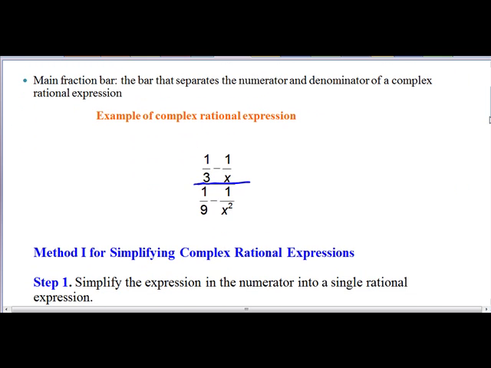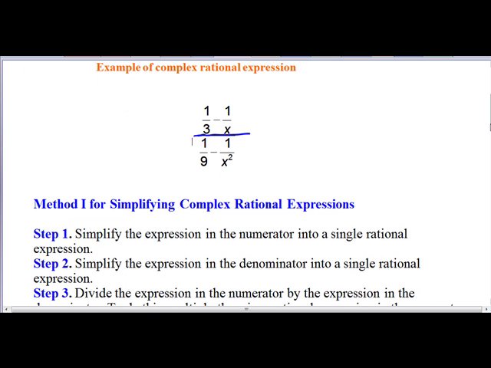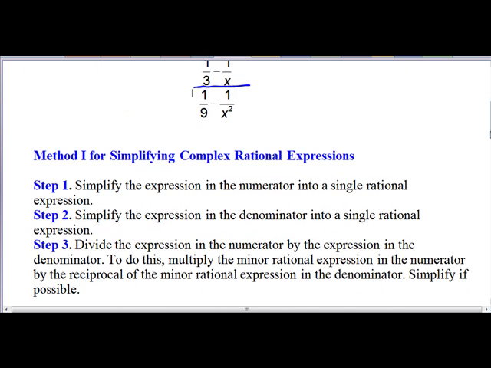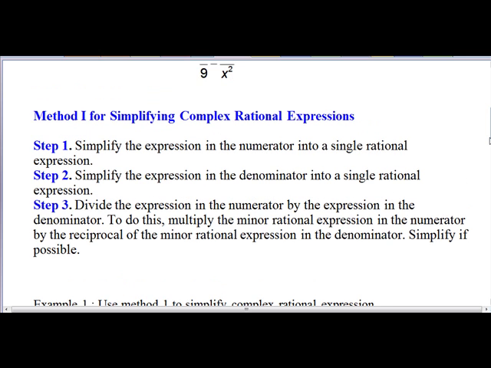There are two methods to simplify a complex rational expression. Let's look at the first one. We follow these 3 steps. Step 1, simplify the expression in the numerator into a single rational expression.